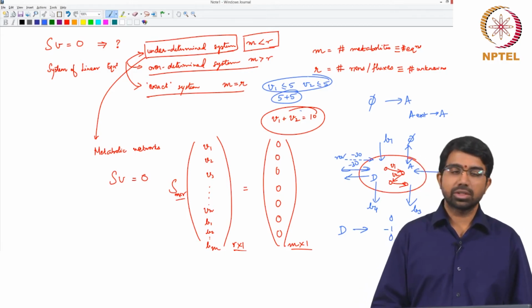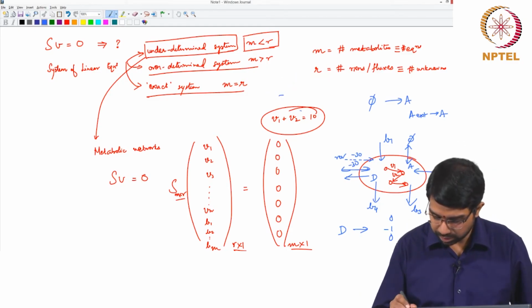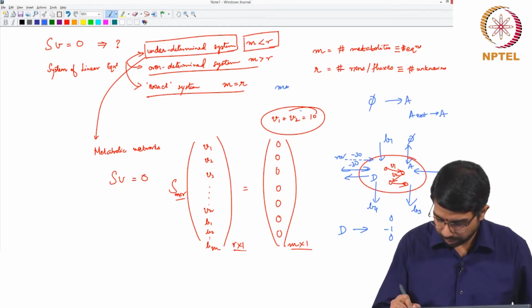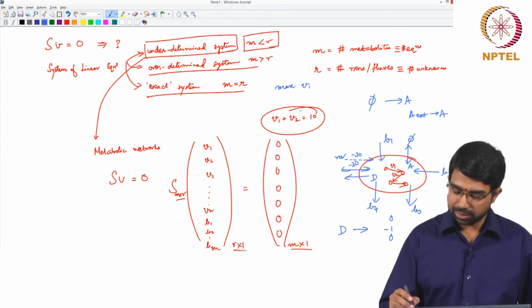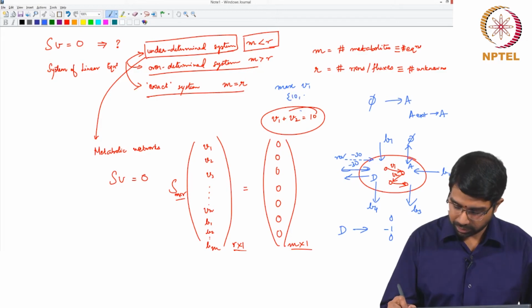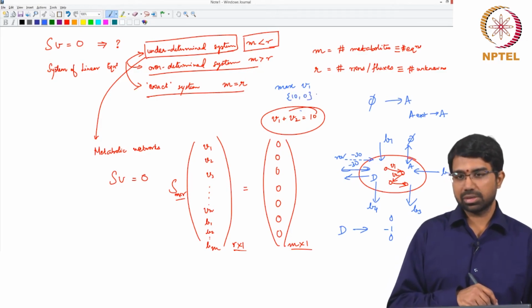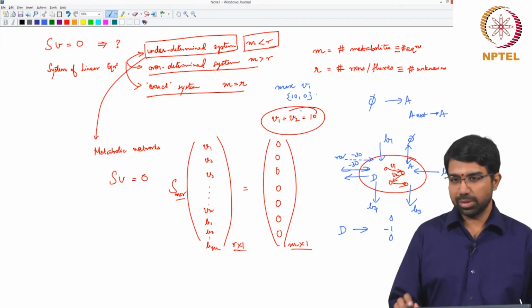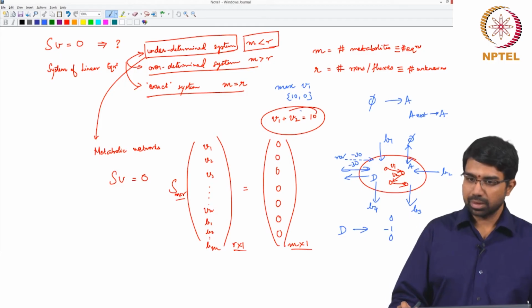Usually we resort to maximizing something. Let us say solve this subject to max V1, then the answer is very simple, 10, 0. Solve this subject to max V2, 0, 10, right.